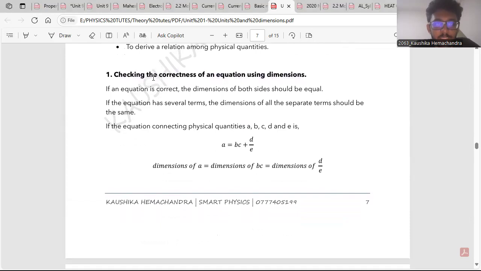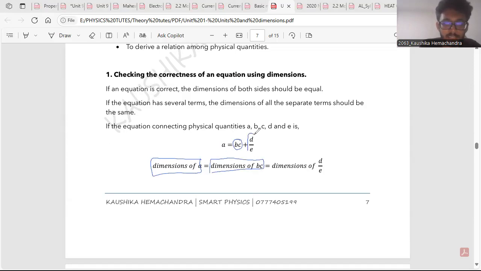So here we can see how the correctness is checked. If the equation is dimensionally correct, the dimensions of both sides should be equal. And if it has separate terms which are joined by addition or subtraction, the dimensions of those separate terms should be equal. So here you see A equals B into C plus D over E. So dimensions of A should be equal to the dimensions of the BC product.